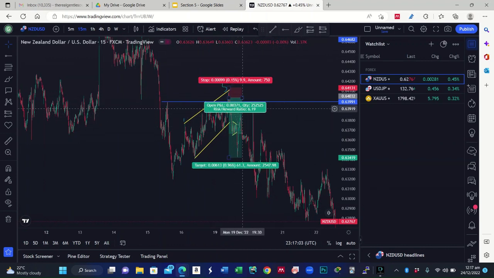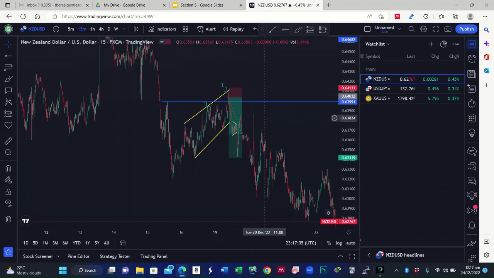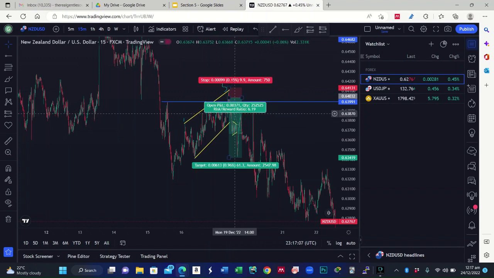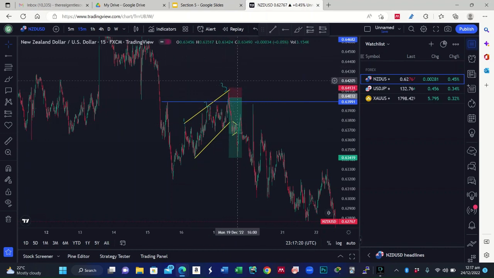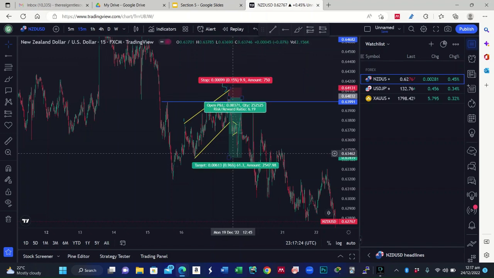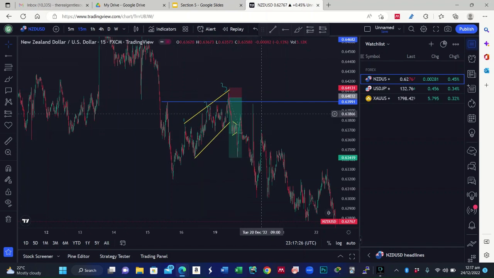So this is a very good way for you to calculate your percentage. The TradingView app is a very amazing app and it is already calculated for you. So if you take this trade and you hit your target, then it means you have made 6.19%. But if you are calculating in pips, then it means your stop loss is 9.9 pips and your take profit is 61.3 pips. So this can be your take profit 1.